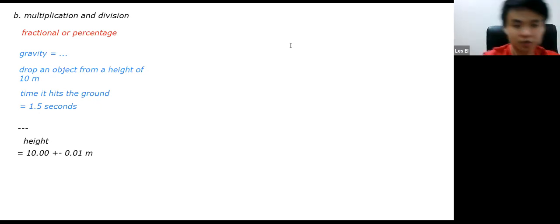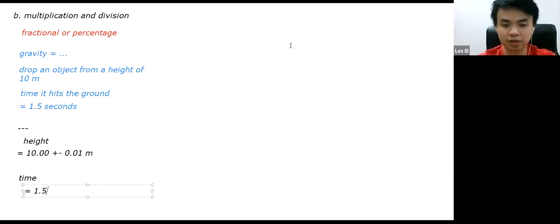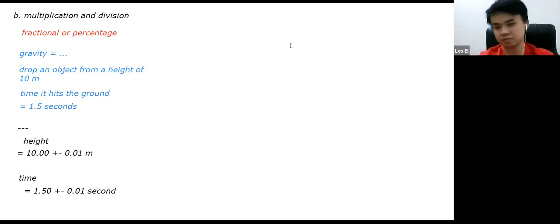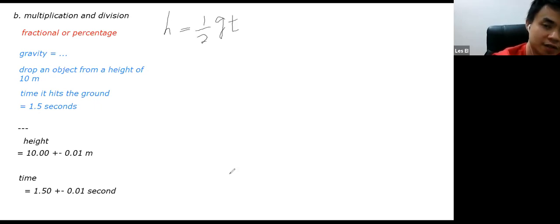And okay, you measure the time. For instance, you use a stopwatch. Then you can report it as 1.50 plus minus 0.01 second, for example. And then let's say you already know the equation. The equation that you are using to check is h equals half g t squared, for instance.